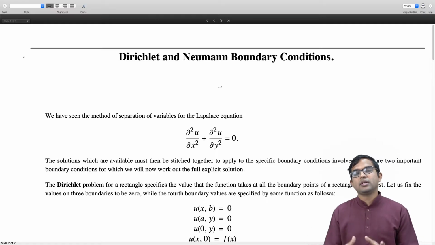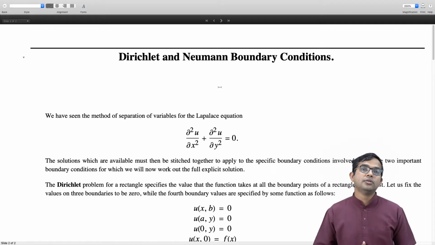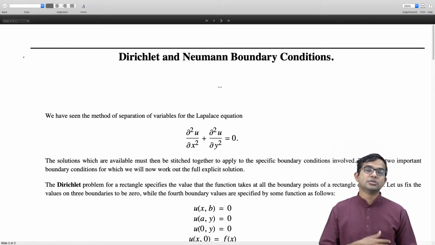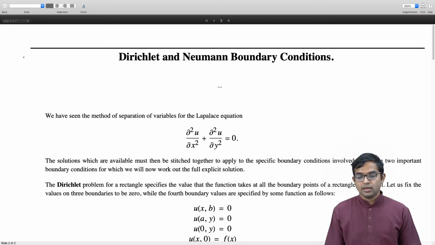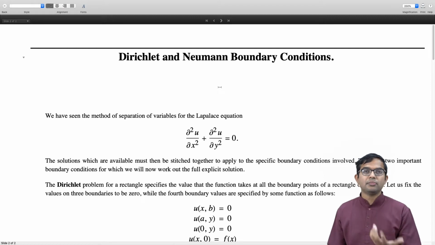There is also the in-between case: if the separation constant turns out to be 0, you get linear solutions in each of x and y. Which of these we want for a particular scenario will depend on the boundary conditions.